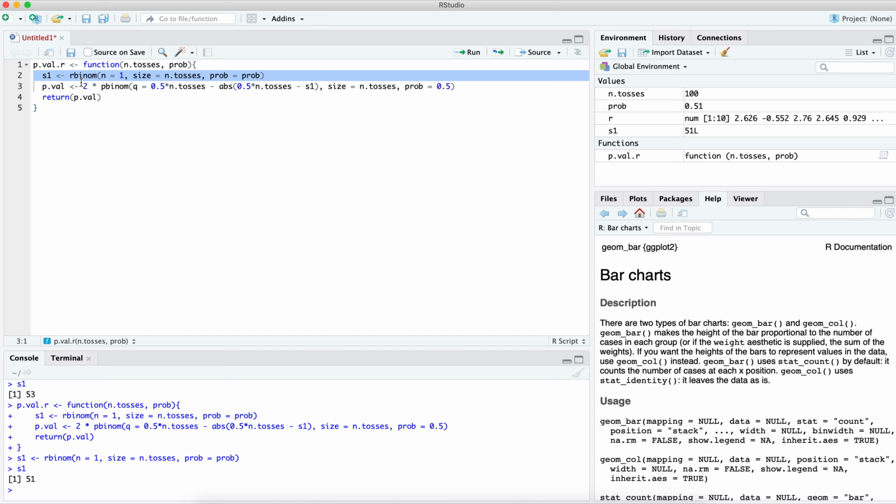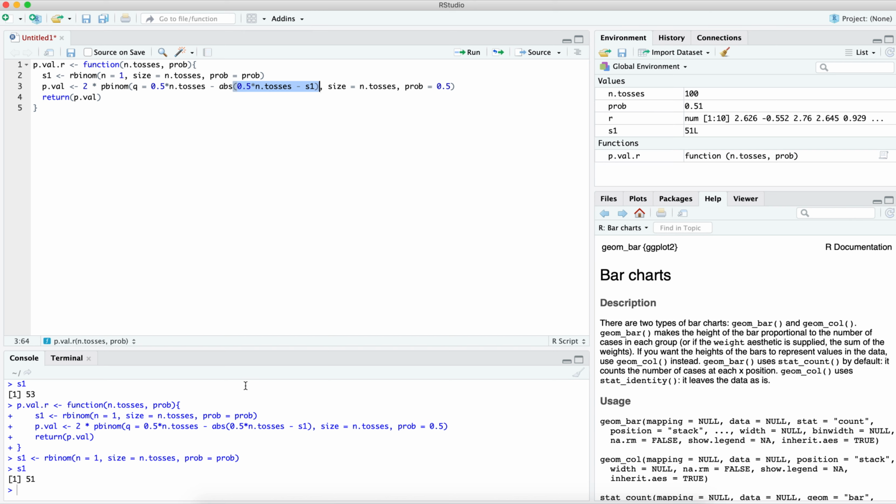So the next thing that I do is I compute the p-value that corresponds to S1, where the null hypothesis is that the probability of heads is 50%, right? So here's what I'm doing. This is how many I expect, and S1 is how many I got. So I expect 0.5 times n tosses if the null hypothesis that the coin is fair is true, right?